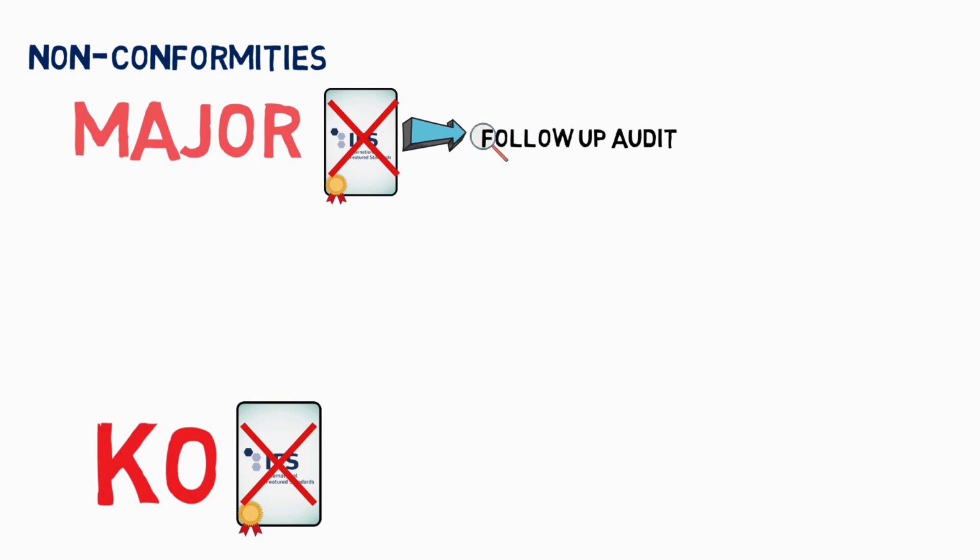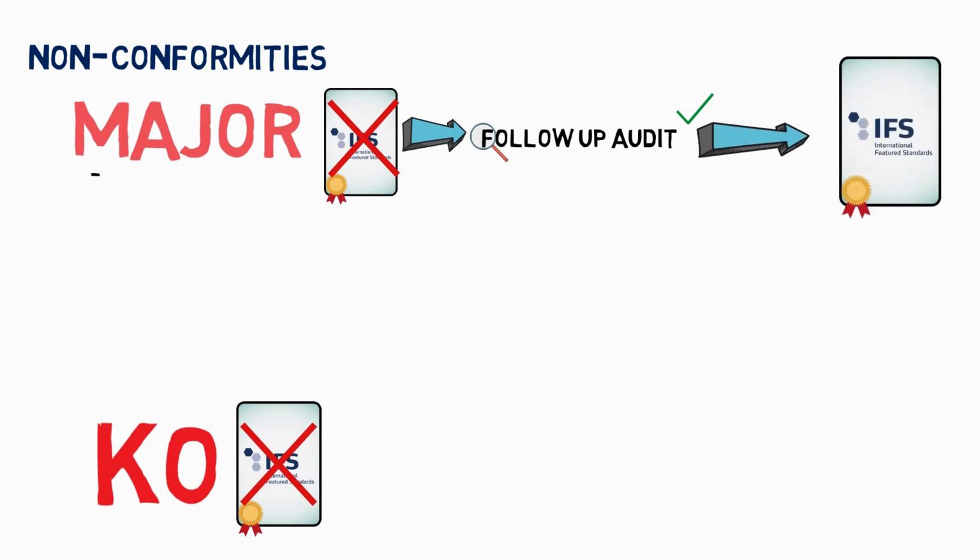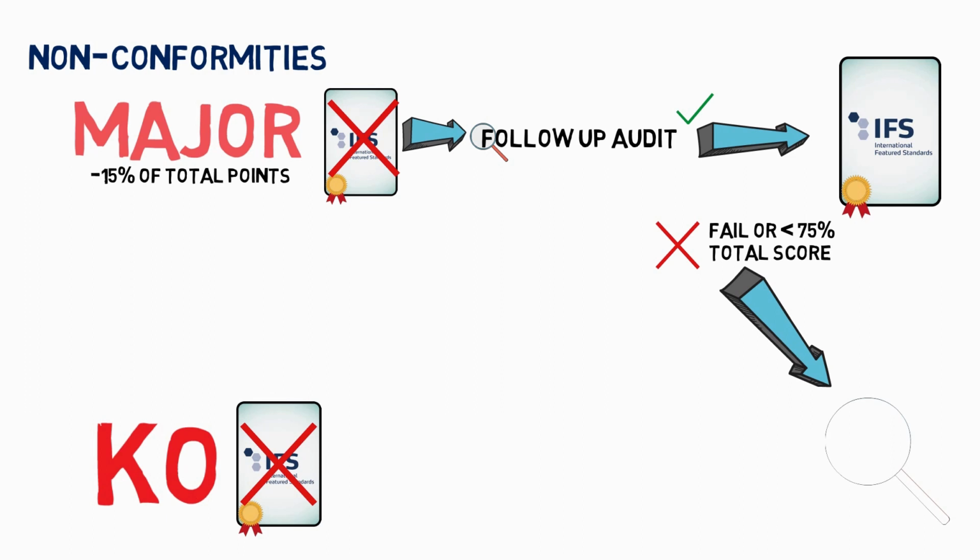When the non-conformity is then resolved, the company will get the certificate, but with a subtraction of 15% of the total points that the company could have achieved. If the end result then drops below 75%, the audit will still be failed.